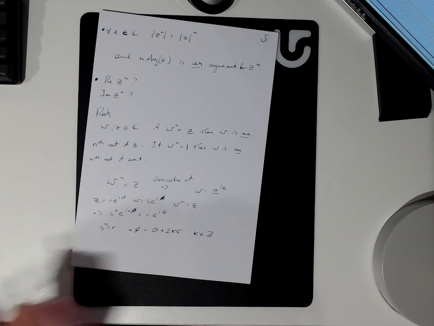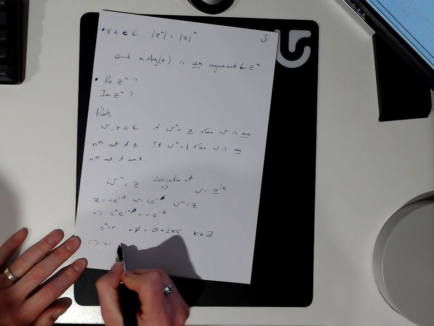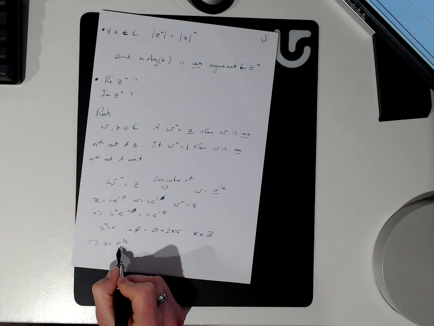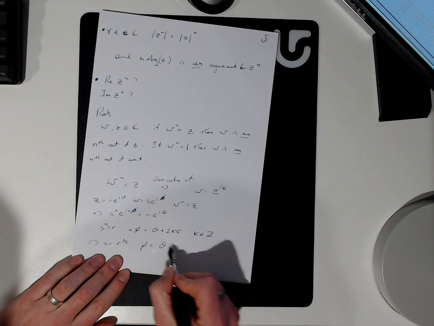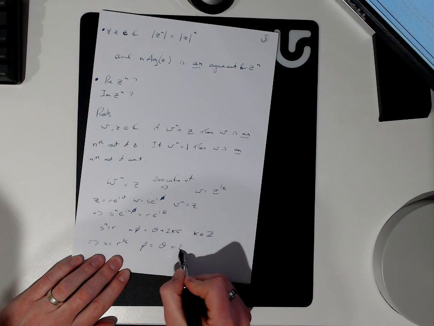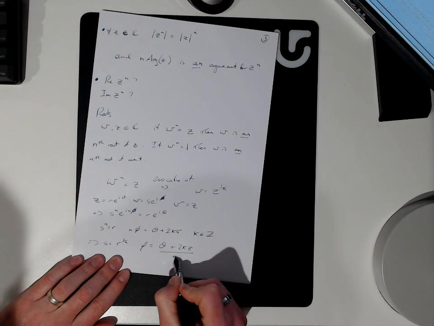So we have that s equals r to the 1 over n, and these are real numbers, so you know what that is. And phi is going to be theta plus 2k pi over n.